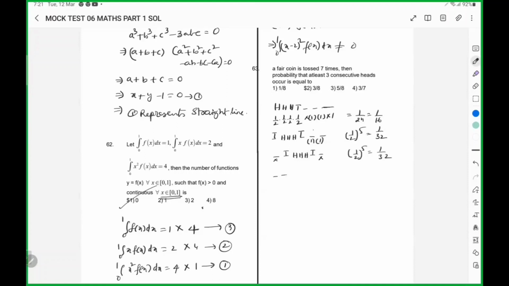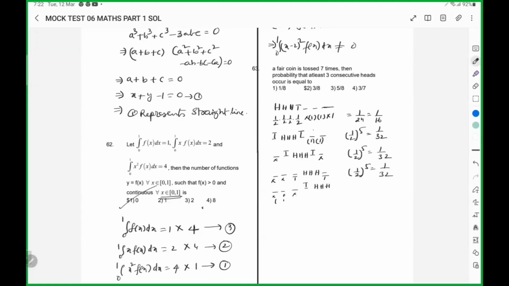So the next case will be fourth, fifth, sixth attempt. Here tail must be there. Here can be anything. So again half power 5. So the last case, heads, here a tail must be there. Here can be anything.